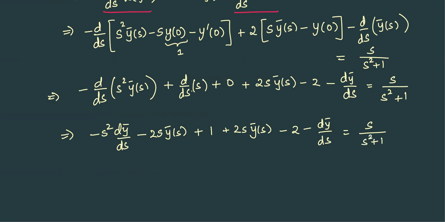Now if you look at this, this term cancels. Then we have, collect this and this term, we get minus of s square plus 1 dy bar by ds. And we have this as 1 minus 2, that is minus 1. Take it to the other side, it becomes plus 1.